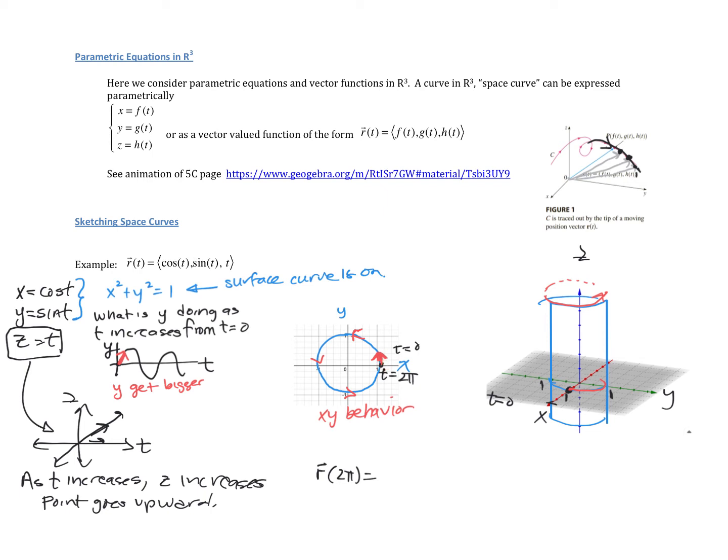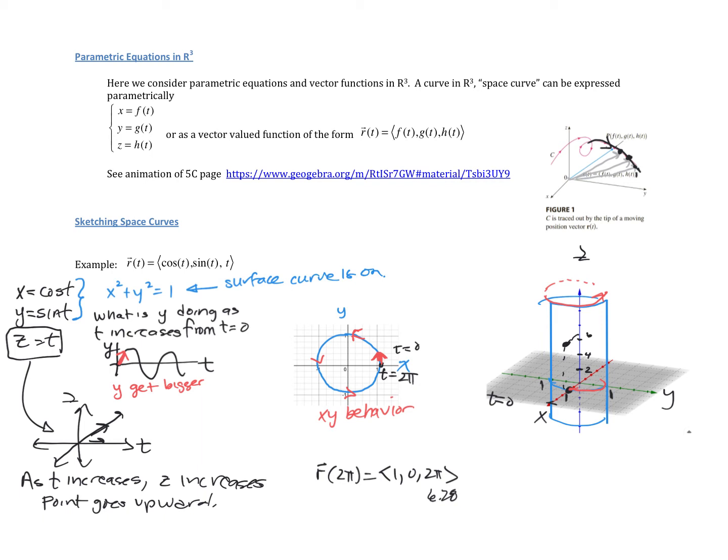That's what we said, we're going to come back around. And t is 2 pi, so this is going to be 1, 0, 2 pi. So 2 pi is around 6.28. That means by the time I come around again, z is going to be around 6. So let me make these units of 2. So just bigger than 6 like this, that's where we're going to make one revolution.